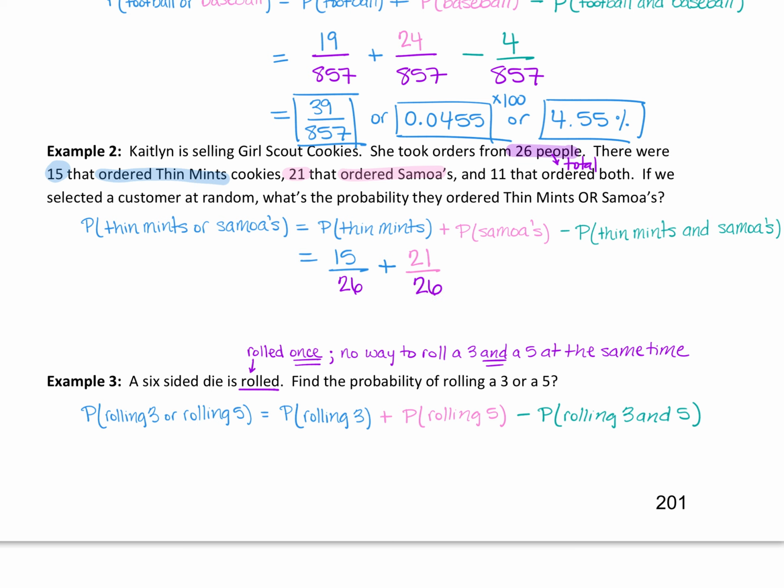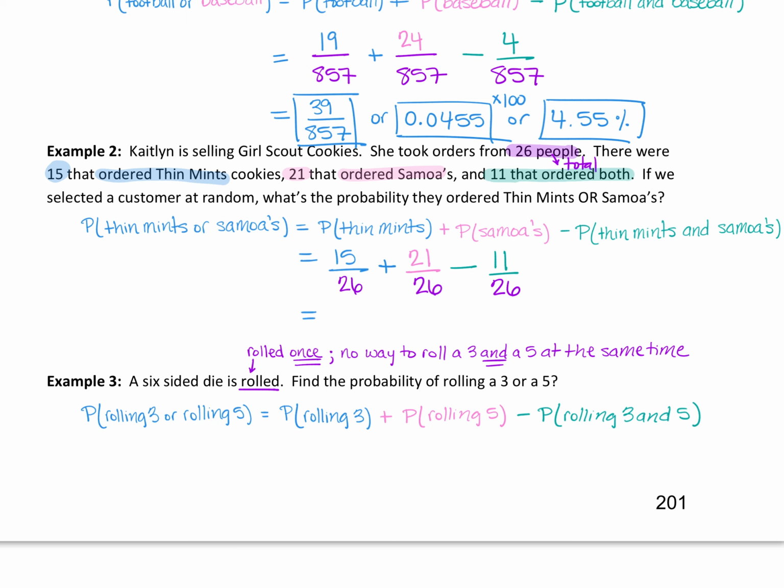And then we need to subtract the probability of ordering both Thin Mints and Samoas. So that is 11 that ordered both. So we have to subtract out 11 out of 26.